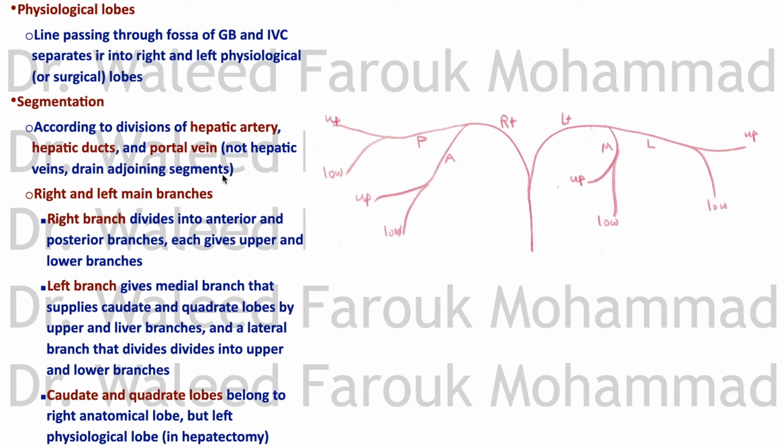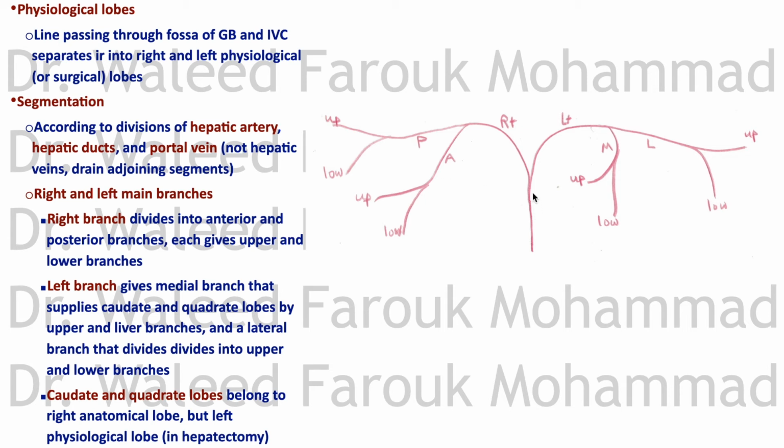Why not the hepatic veins? Because hepatic veins, they drain multi-segments together. They want to collect blood as fast as possible and pour it into the inferior vena cava. That's why it doesn't follow the pattern of the hepatic artery or the bile duct or the portal vein.